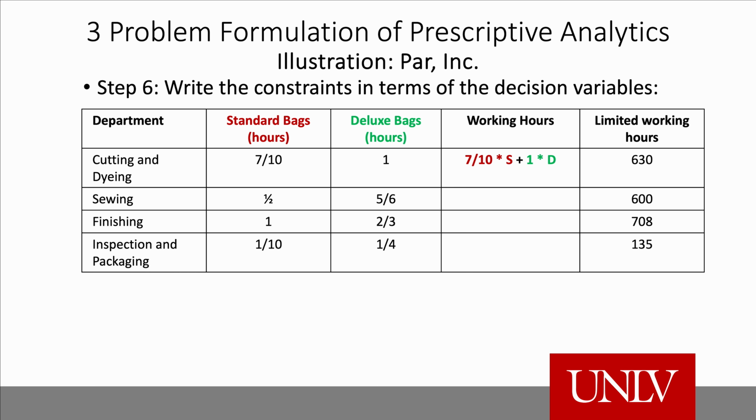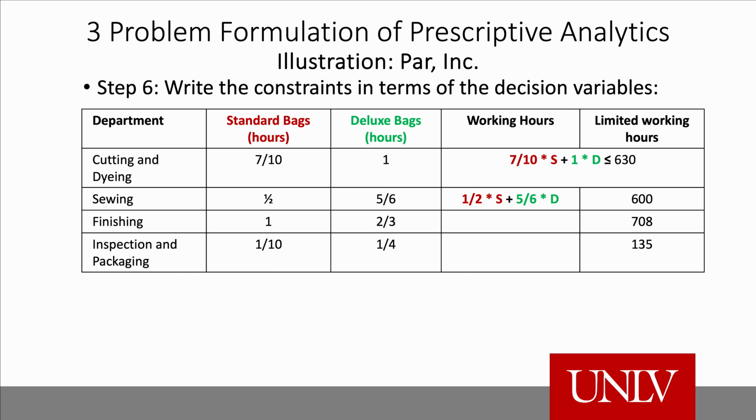So the total production time will be 7/10 multiplied by S plus 1 multiplied by D. Also, since the constraint of the cutting and dyeing is 630 hours, we can write this constraint as 7/10 multiplied by S plus 1 multiplied by D less than or equal to 630. And this is how we use the decision variables to express one department's constraint.